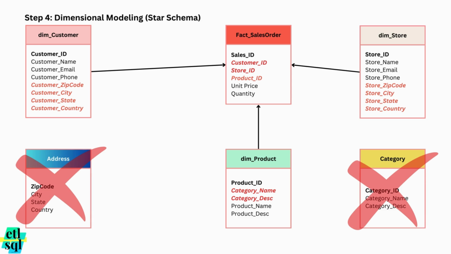Whenever, at a technical level, you have to explain what granularity is, it basically means the level of detail you are storing in your fact table. But technically, you can say that all the keys which are sourced from the dimension tables into the fact table will determine the granularity. So here I have customer ID, store ID, and product ID.